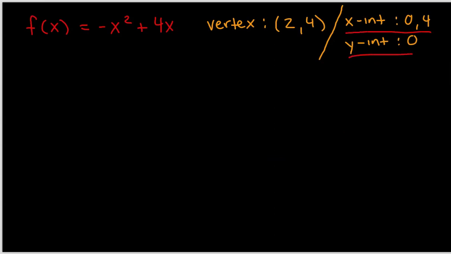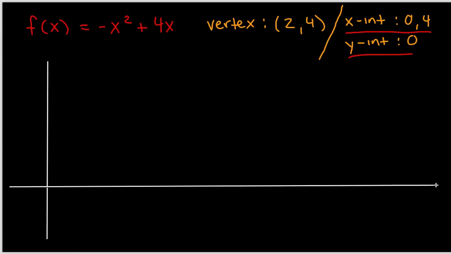And now I want to graph this guy. So, let's graph it. Let me get my line tool ready. And first, let's graph those intercepts. So, here's the one intercept, 0, 0.